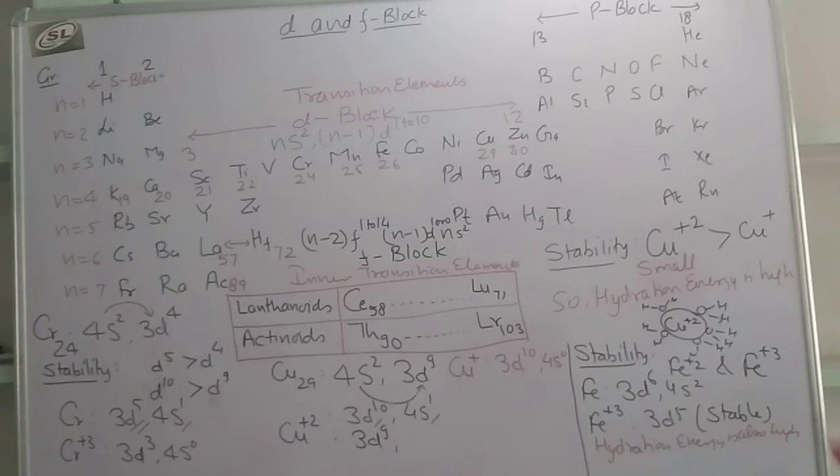We have to remove 3 electrons from the Fe configuration, 2 from 4s and 1 from 3d, so it will be 3d5. Fe plus 3 will be stable due to 2 reasons. First is the half filled configuration and another is the small size of Fe plus 3. Hydration energy is also very high in comparison to Fe plus 2.